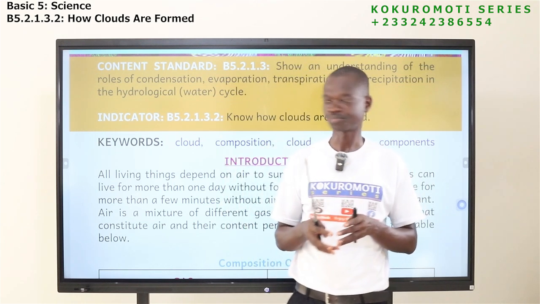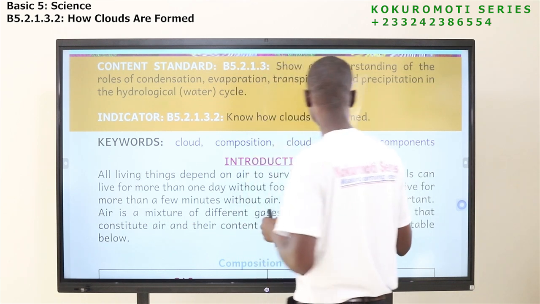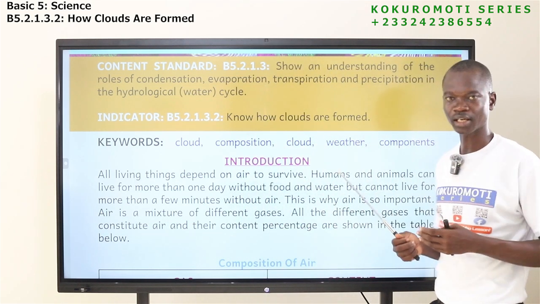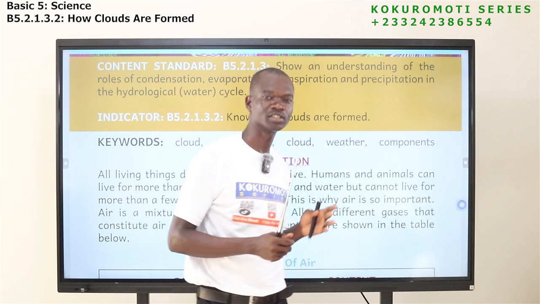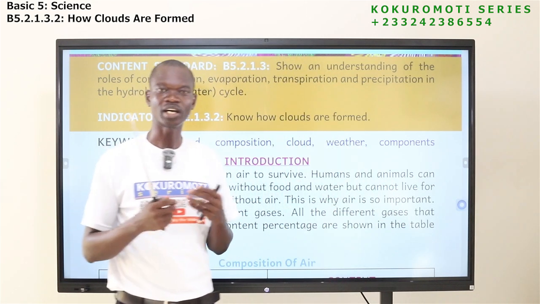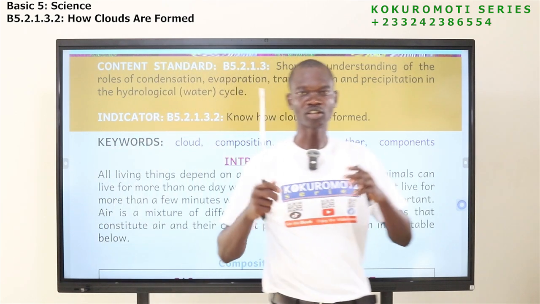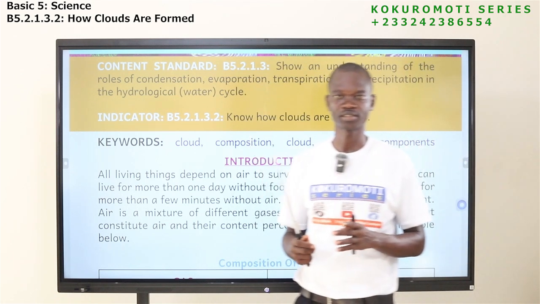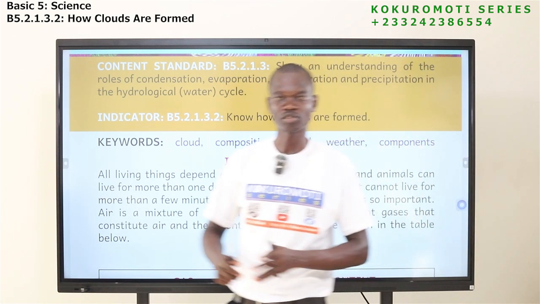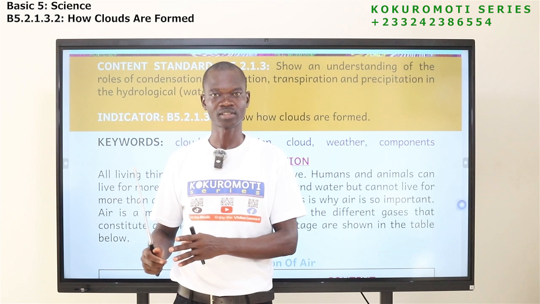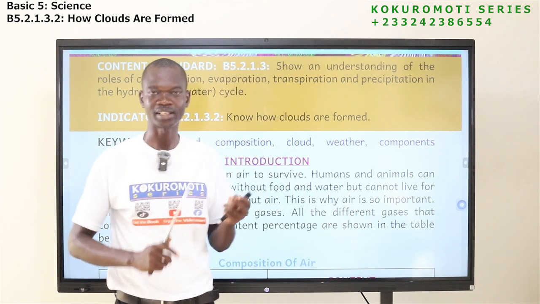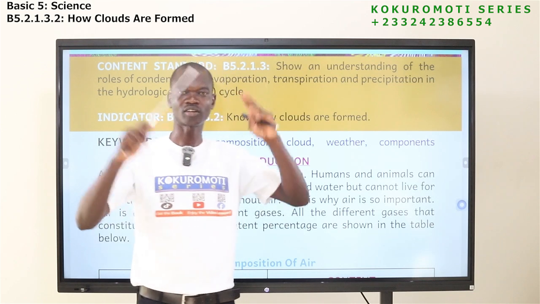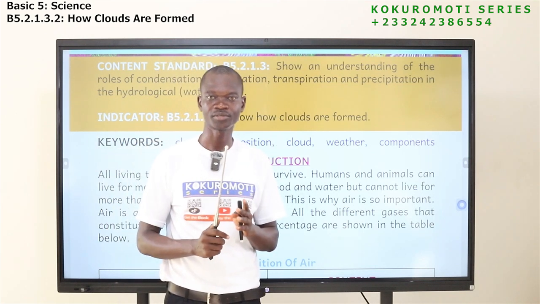That is composition. The next word is weather. Weather is the condition of the atmosphere at a particular place, at a particular time. So we consider the time and the place, the condition of the atmosphere.